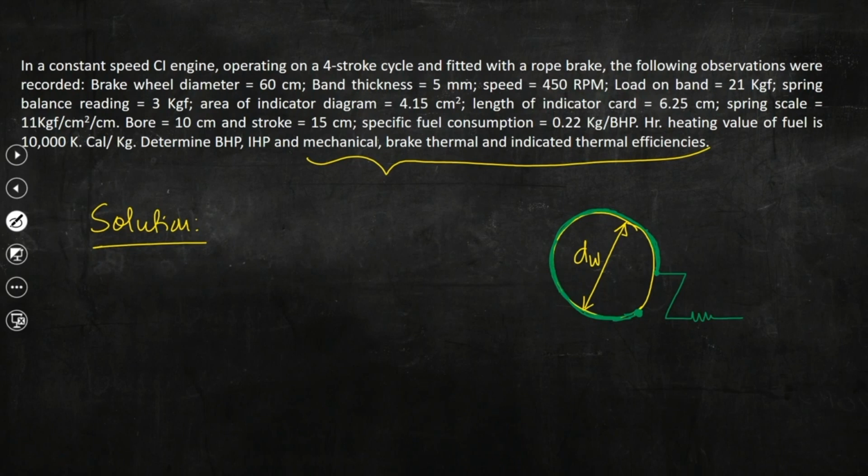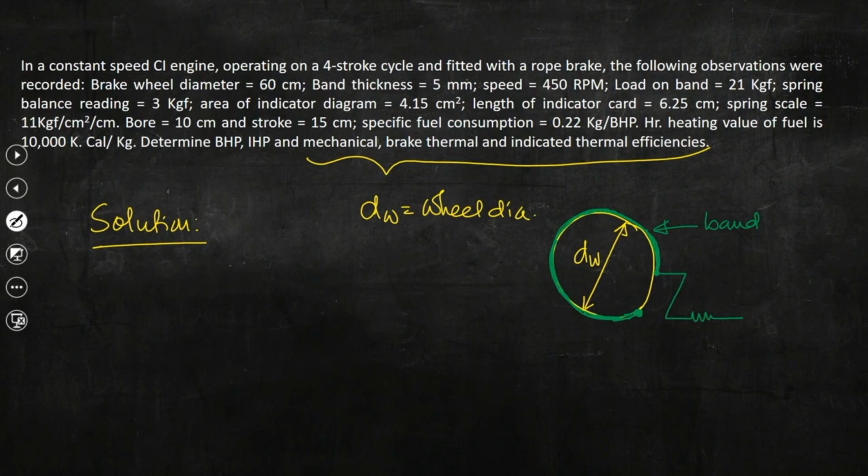So, this is the band I am writing here, and dW is the wheel diameter.